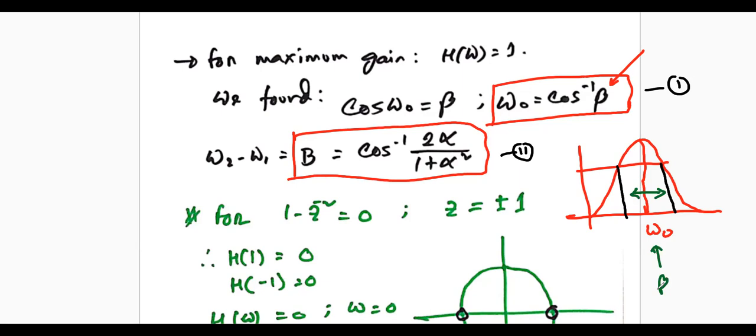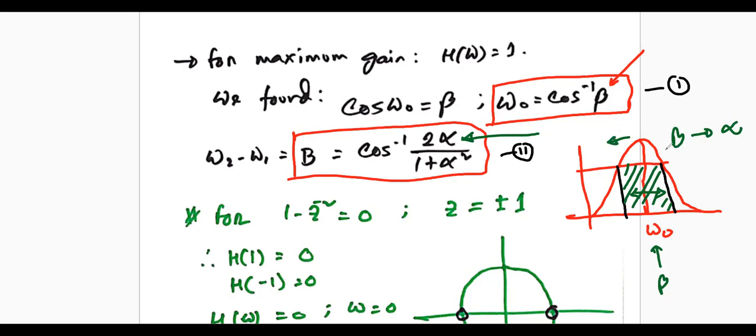On the other hand, if we talk about the bandwidth, you can control the bandwidth by changing the value of alpha. So the bandwidth B is controlled by the value of alpha. If you want to fix the bandwidth and shift the omega 0, that is possible.